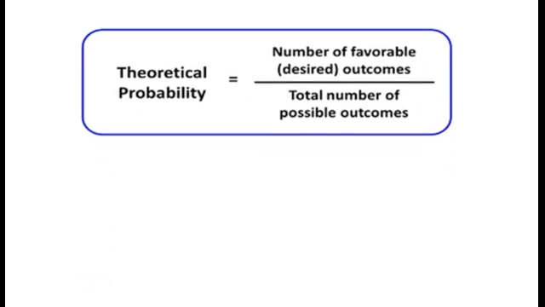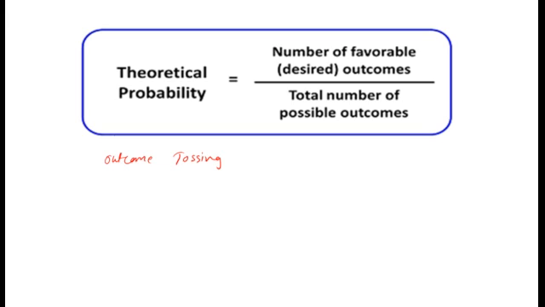If we talk about the formula of probability, theoretical probability is the number of favorable outcomes, what we want, divided by the total number of possible outcomes. Simply, let me take the outcomes when tossing one coin. Suppose we start our cricket game with the tossing of a coin.